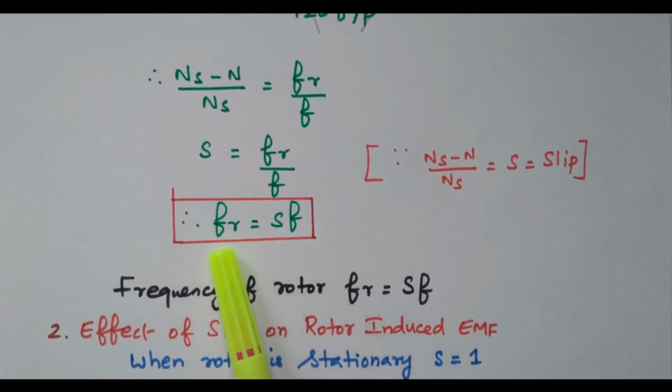During starting, supply frequency and rotor frequency are equal. During running, it depends upon the slip, so Fr equal to s into F.